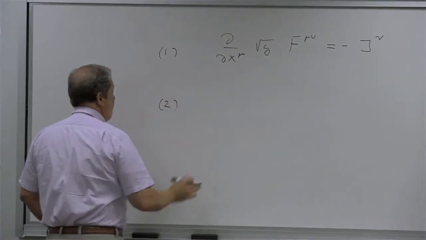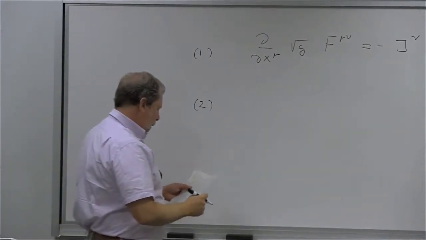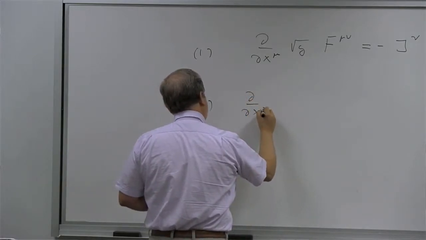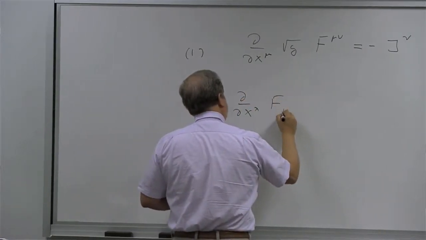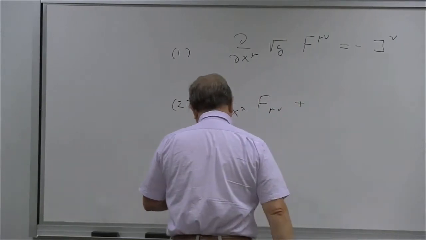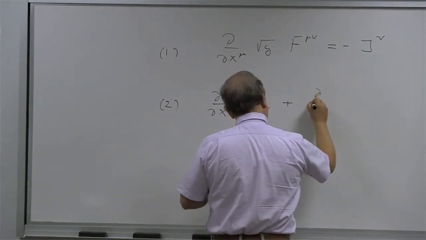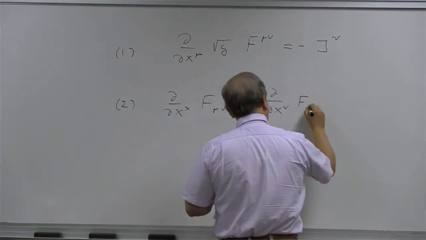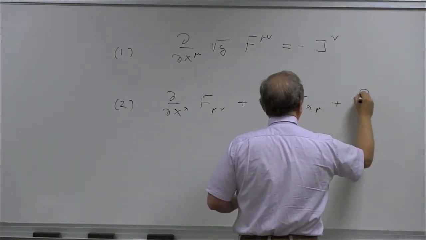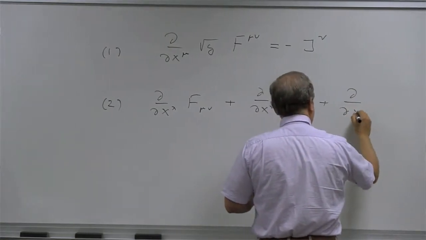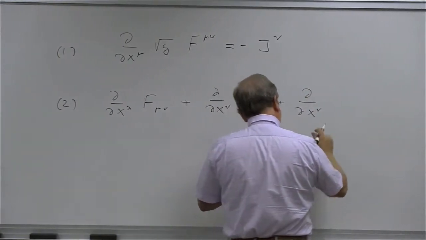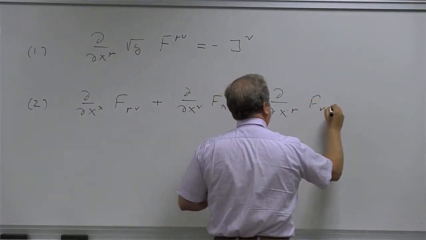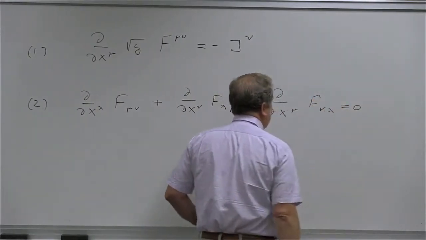And the second equation, as I said, all the gammas drop out, and we have d by dx lambda f mu nu, plus cyclic permutation, so d by dx nu f mu lambda, or f lambda mu, plus d by dx mu of f nu lambda is equal to 0.